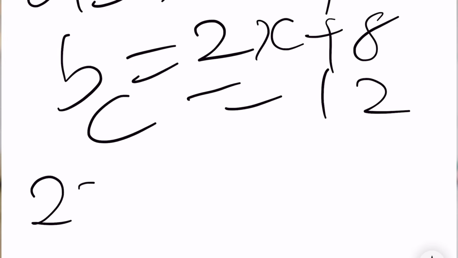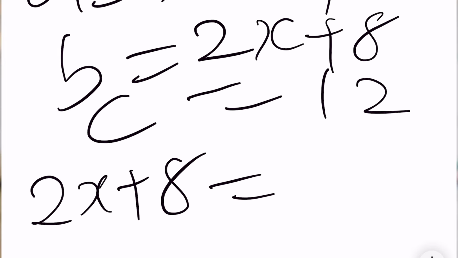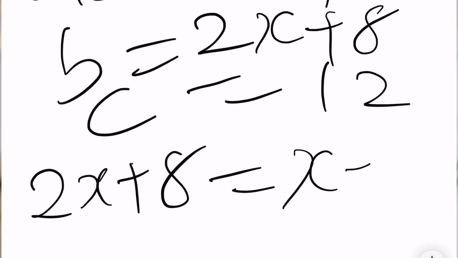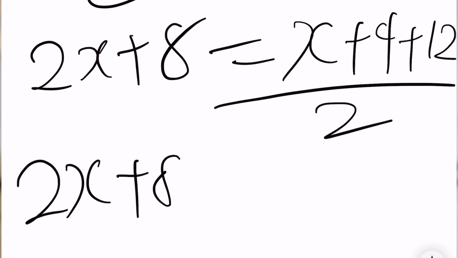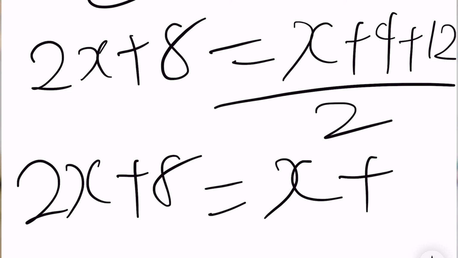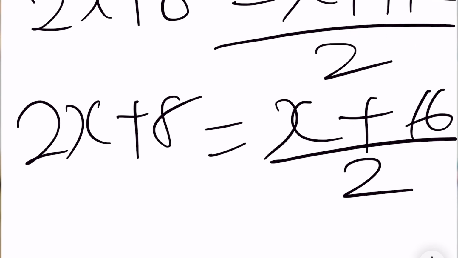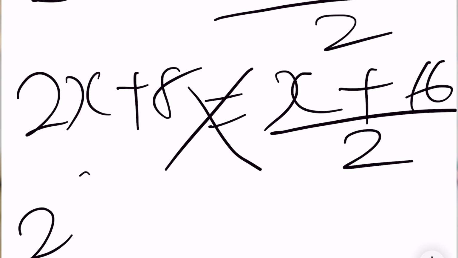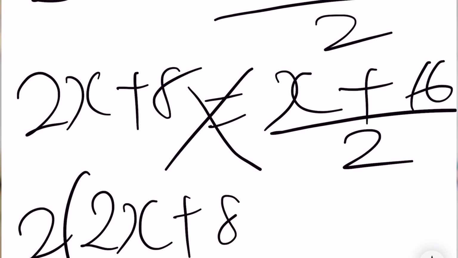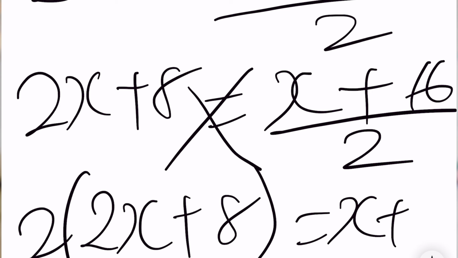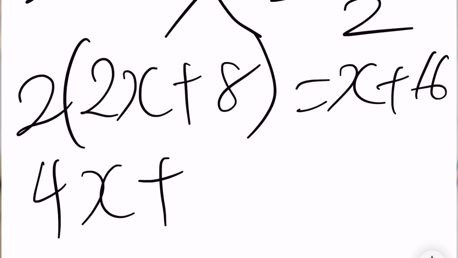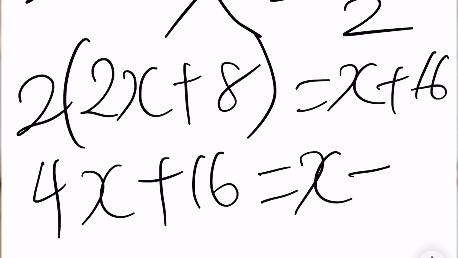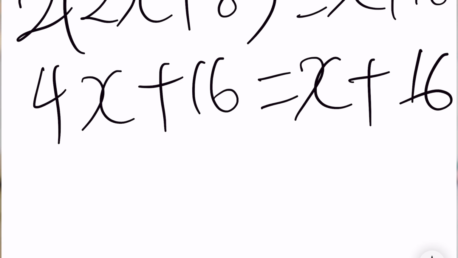So we have 2x plus 8 to be x plus 4 plus 12 over 2. So we have 2x plus 8 to be x plus 16 over 2. Then we cross multiply. We have 2 into bracket 2x plus 8 equals x plus 16. So we have 4x plus 16 equals x plus 16. Collect like terms.